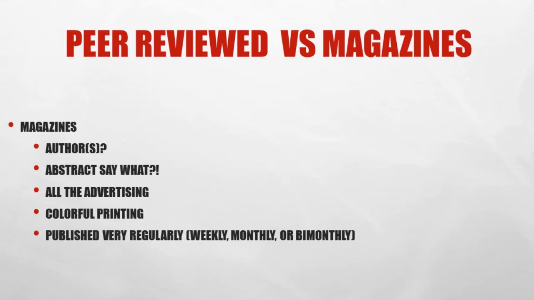Magazines are going to be a lot shinier. They're going to have more flash to them, more pictures, more graphics. And typically they're published weekly, monthly, or bi-monthly. So there's more frequency with what they're doing in magazines compared to the scholarly nature of academic writing, of scholarly writing.